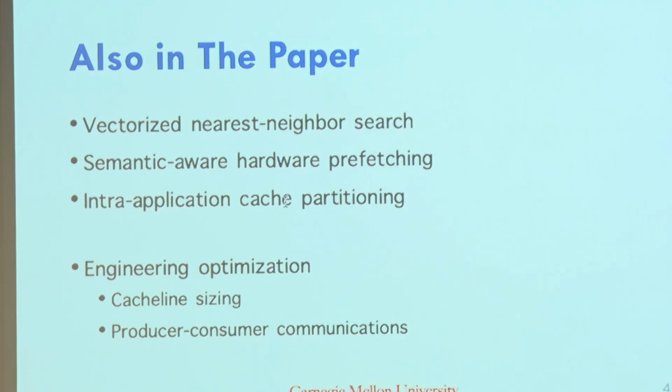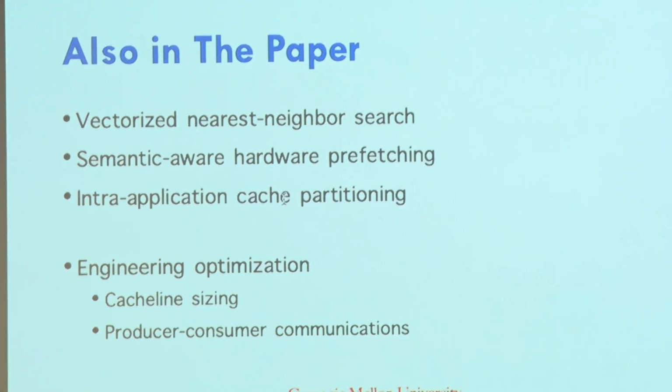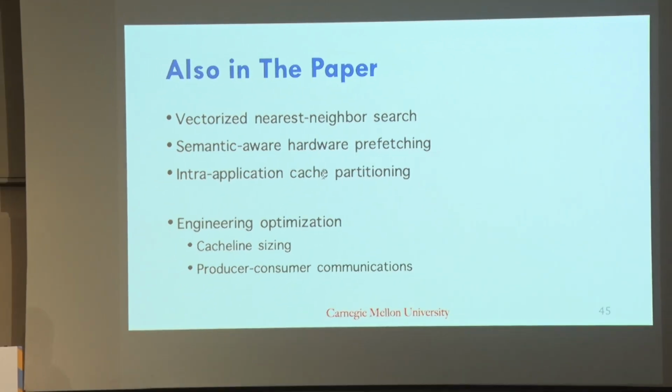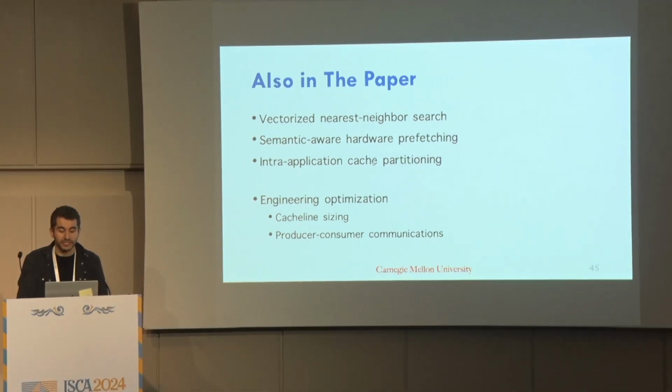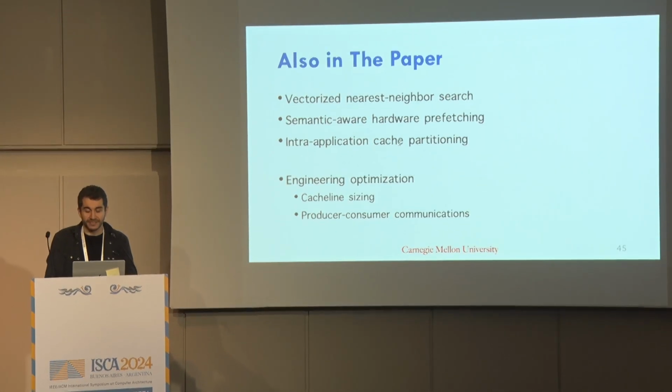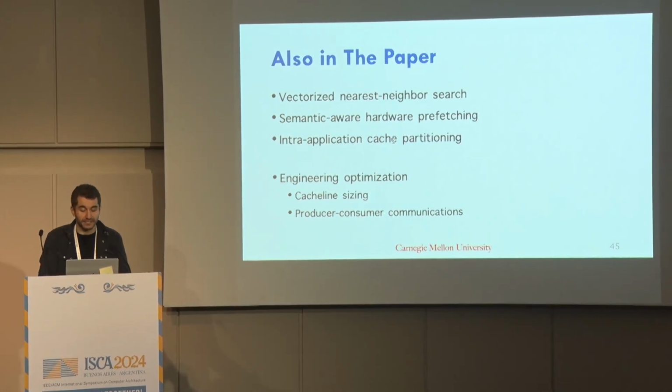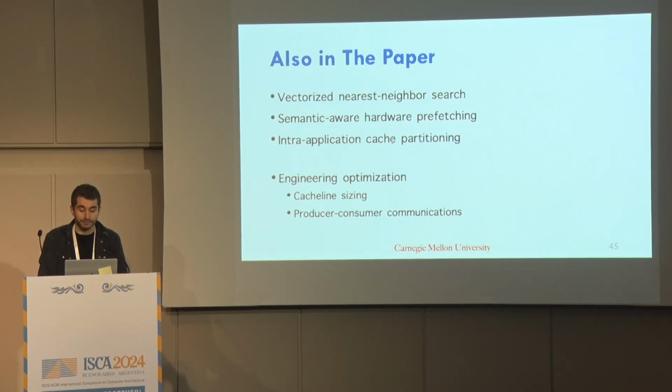There are other techniques in the paper, including vectorized nearest neighbor search, semantic-aware hardware prefetching for robotics, intra-application cache partitioning, partitioning the cache space for different execution scenarios inside one application, and some engineering optimizations that contribute to the end-to-end speed up of Tartan, including cache line sizing and optimizing producer-consumer communications, which are frequent in robotics.